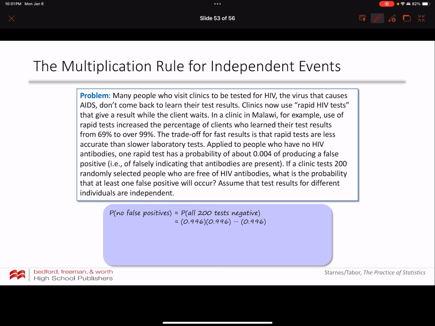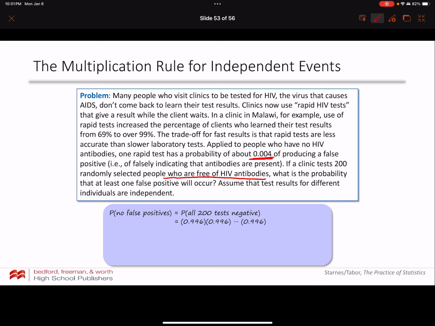And again, we're assuming that all 200 people were free of HIV. So we have a probability of 0.004 of producing a positive given that you're free of HIV.